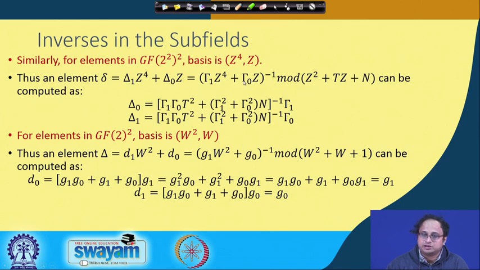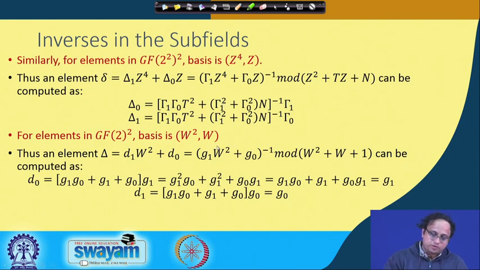These gammas are capital to denote that they are essentially in the base field. And then I do a whole power of inverse, but my polynomial is now z squared plus tz plus n. Again you can observe that I can write my delta 0 and delta 1 in a similar fashion, but these inverses now are in GF2 power of 2.